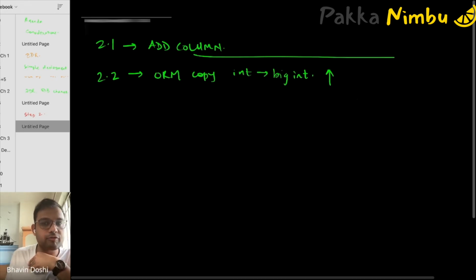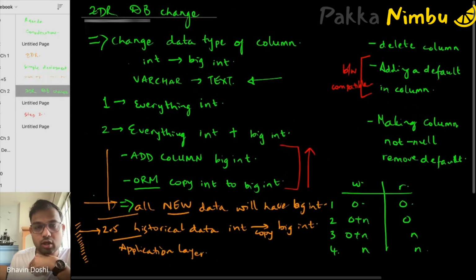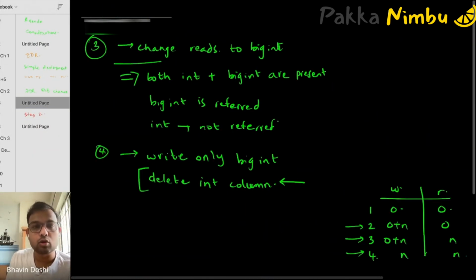So that is a better way of executing this step 2. जितना आप granular कर पाओ, right? Step 3 पे आते हैं. तो step 2 का we are saying कि अगर इन दोनों को अलग अलग किया then we can roll back peacefully, right? So 2 का roll back is possible. What happens when 2 plus 3 we want to roll back? So now the column is there, big int is being written also, big int is being referred also.